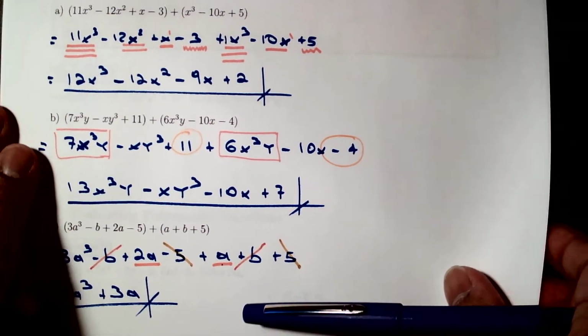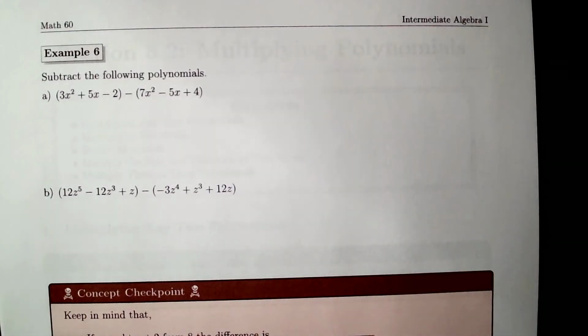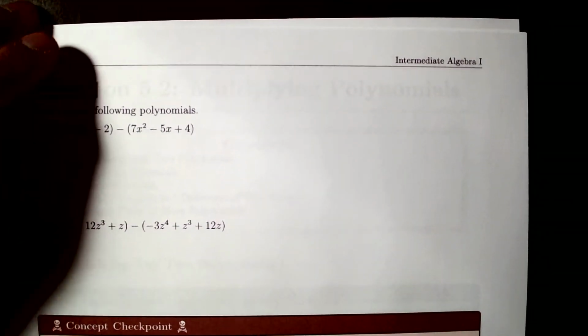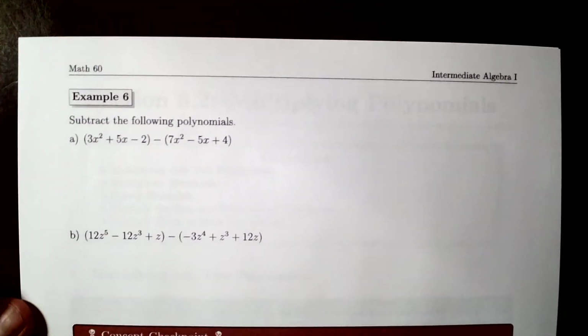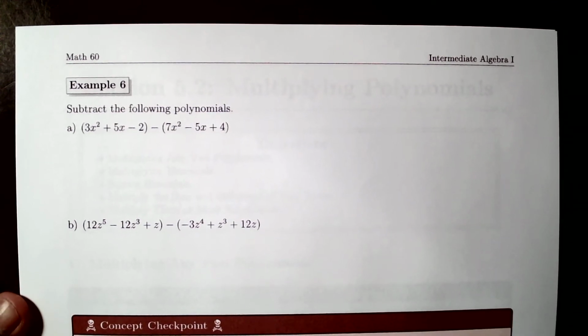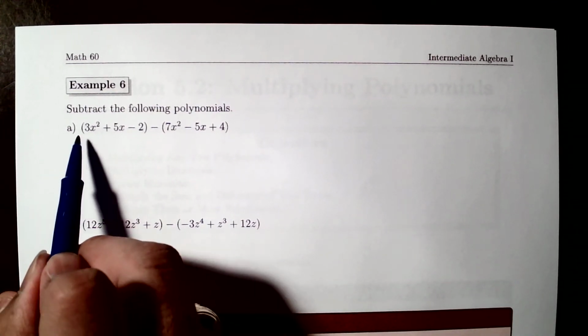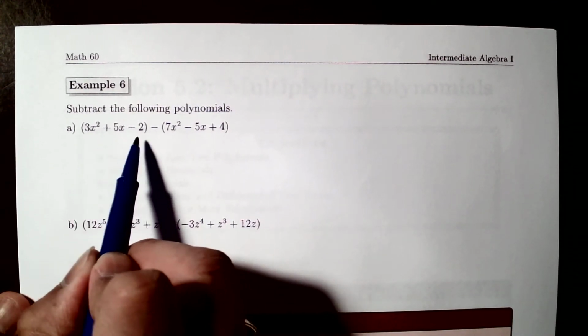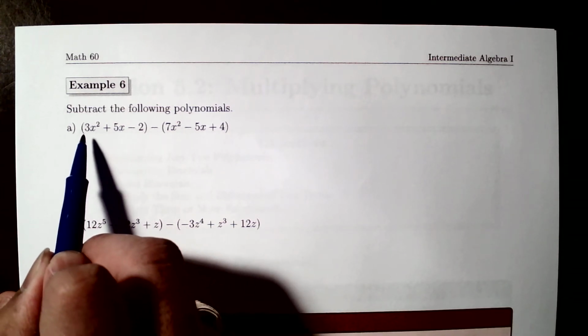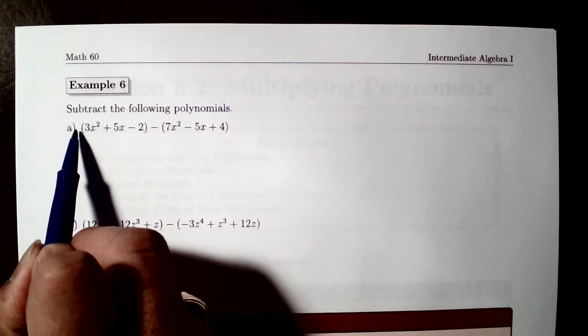Now, for the next page, let's work on subtracting polynomials. And in this case, you might want to pay very special attention. All right, so how do we subtract polynomials? Well, typically the first group of terms, which is in parentheses, has nothing in front of it.